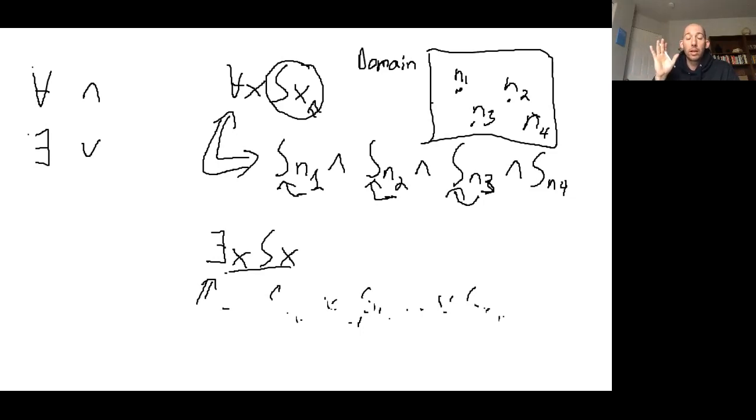A big caveat, however: I don't want to say that they are in fact always equivalent. The exercise that you're going to do for this problem set is to realize why they're not. Part of the answer has to do with the fact that the conjunction always has to have some particular domain in mind, because this conjunction can't necessarily be infinitely long. Conjunctions typically are finite and they apply to a particular domain.